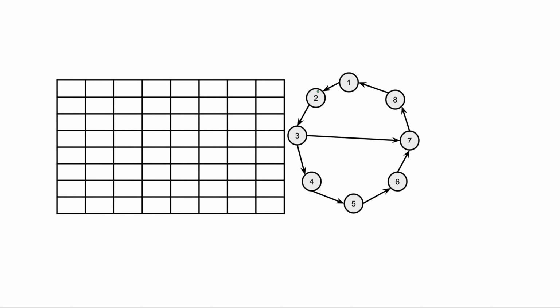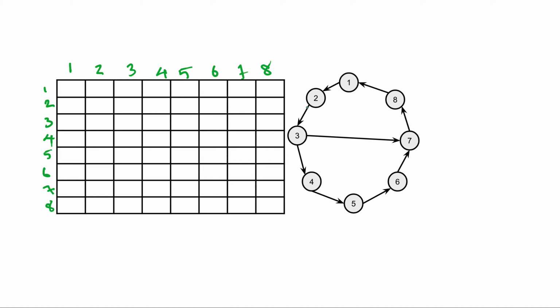If you look at this graph, I have vertices numbered as 1 2 3 4 5 6 7 8. Then here also 1 2 3 4 5 6 7 8.